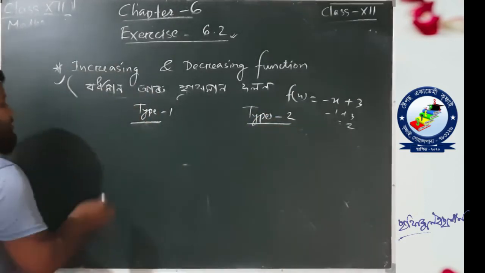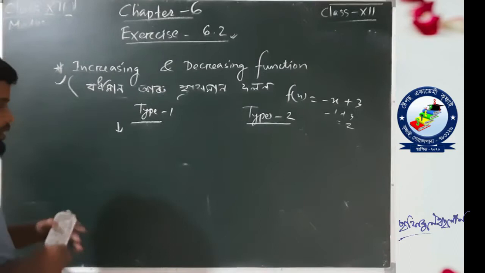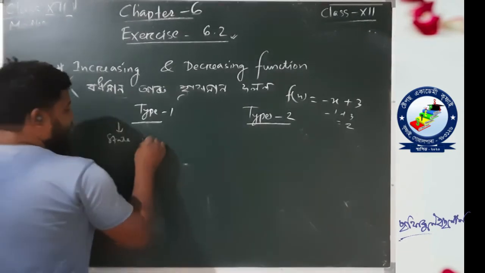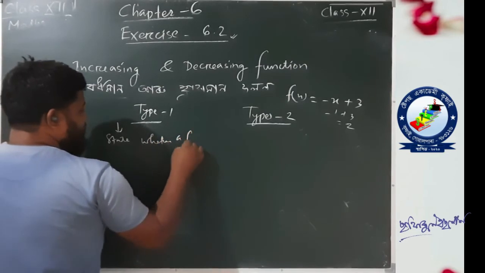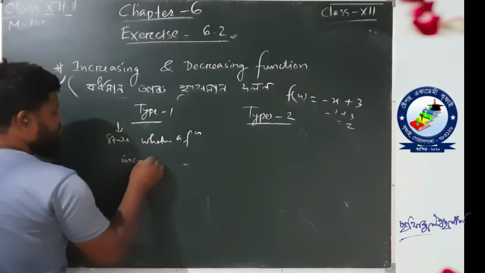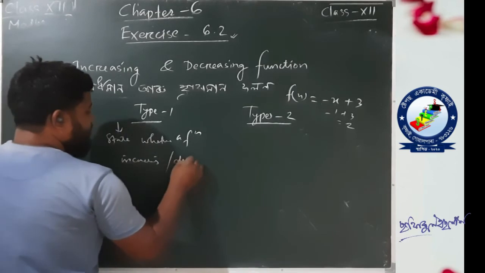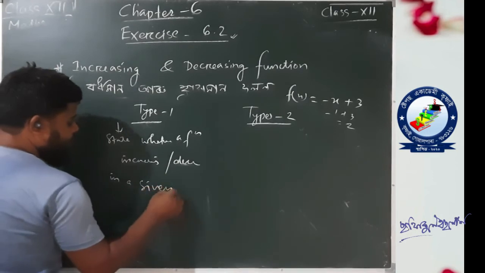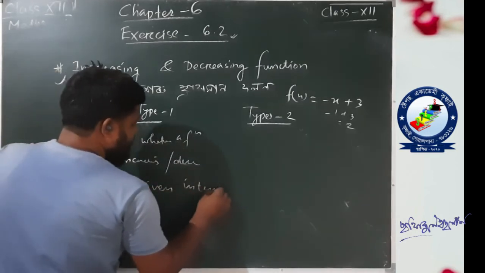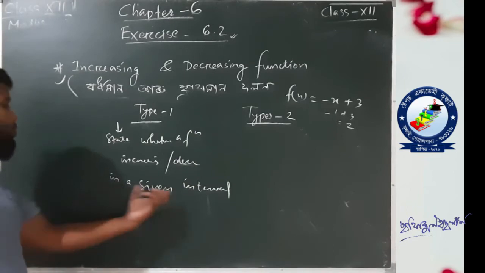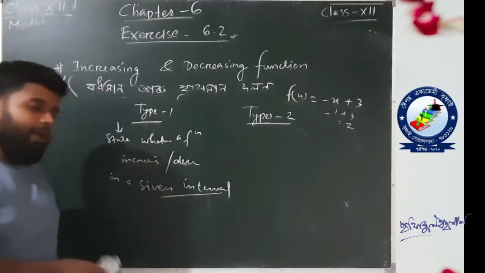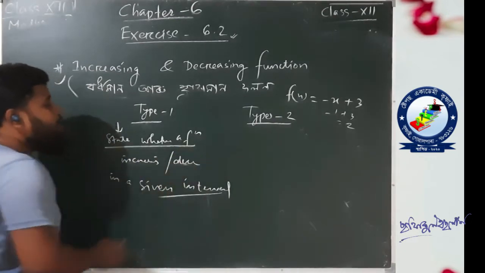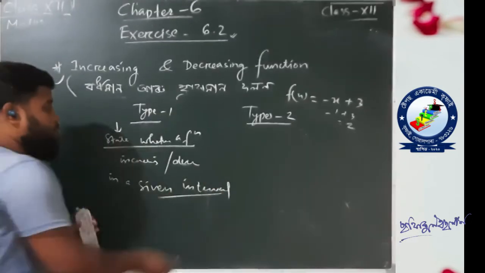And what are the two types? এটা ক'ব যে state whether a function is increasing or decreasing in a given interval. এটা প্ৰশ্ন এনেকুৱা হ'ব যে you will be given an interval, সেই অন্তৰালটোত ফাংশনটো ইনক্ৰিজিং হয় নে ডিক্ৰিজিং হয় সেইটো ওলাব লাগিব. এনেকুৱা ধৰণৰ প্ৰশ্ন হ'ব পাৰে.